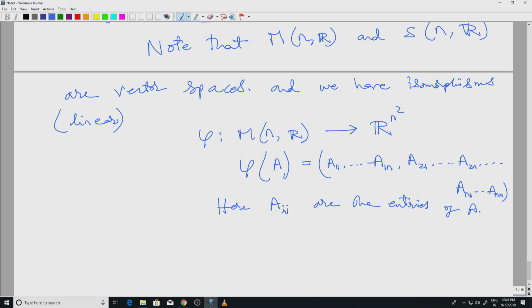So this is one map, and similarly from Sn(R) I have a map to a Euclidean space whose dimension is going to be less than n squared. In fact, it is n times (n plus 1) divided by 2.